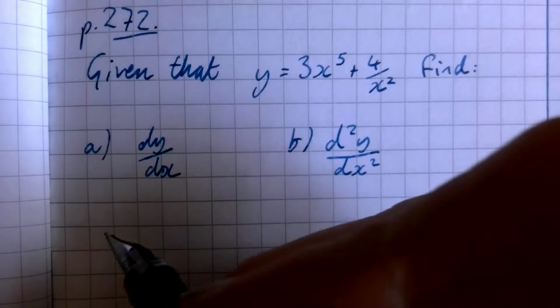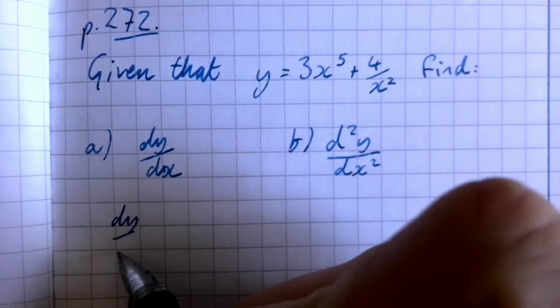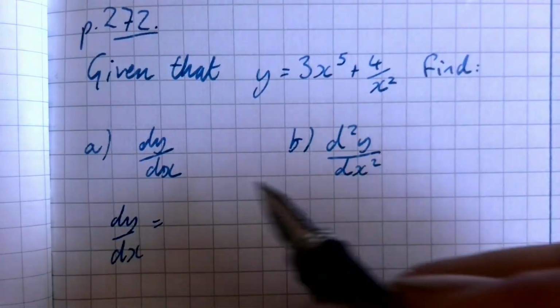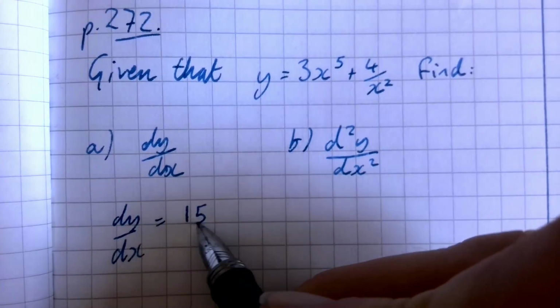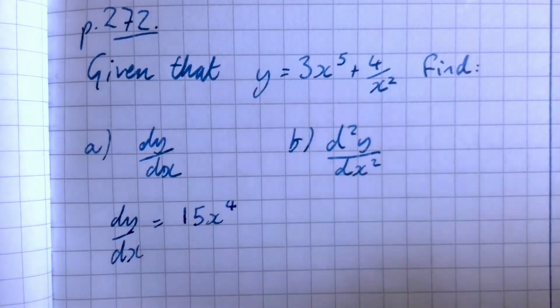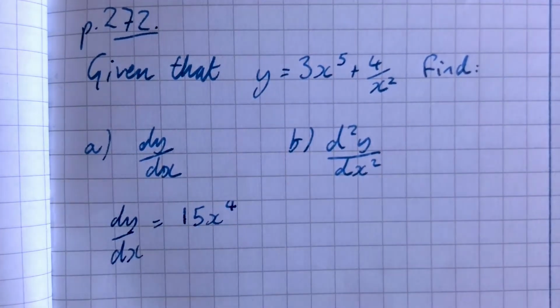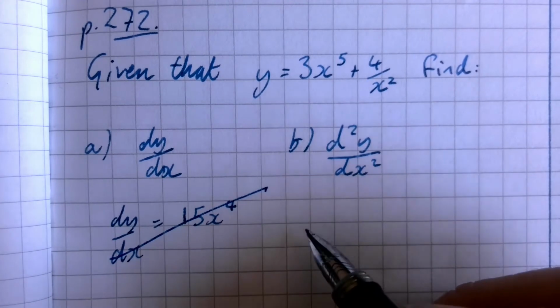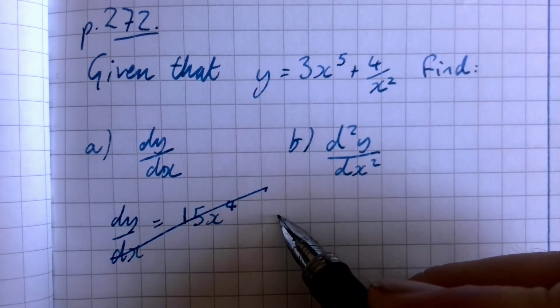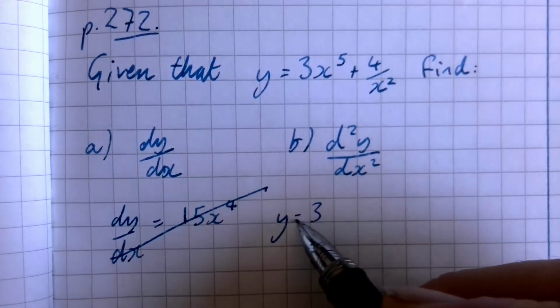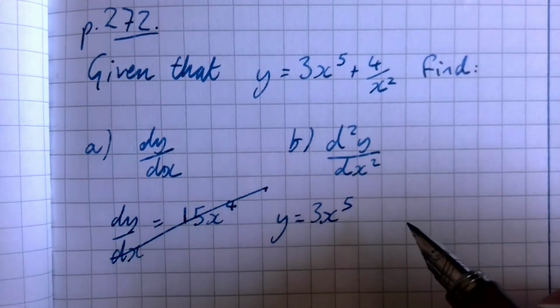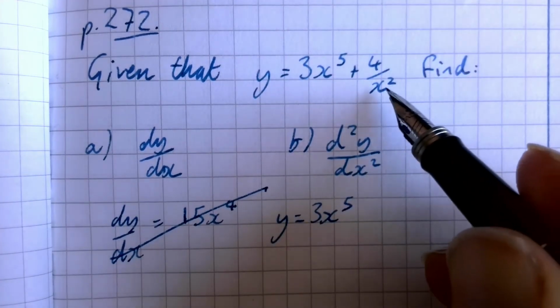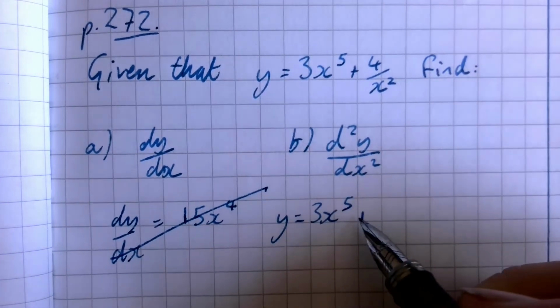Right, so for the first one, dy over dx, we should begin by doing 5 times 3 is 15, drop the power by 1 to x to the 4. But actually, before you even start doing that, we want to rewrite it so that we've got our power of x all written in a multiplier, don't we?